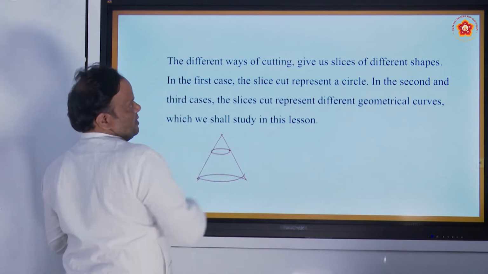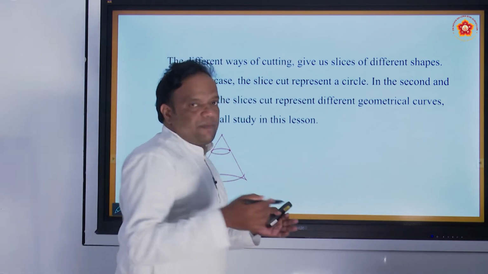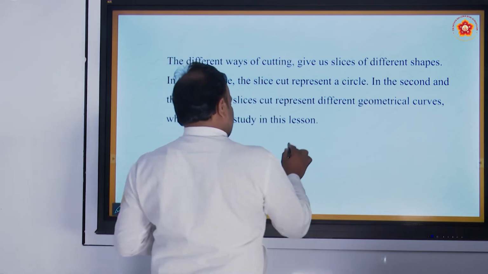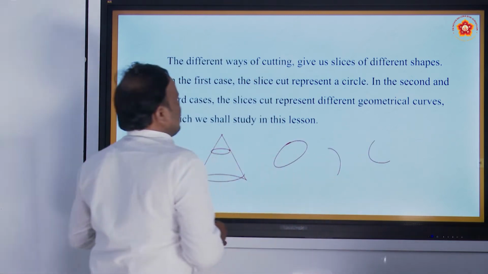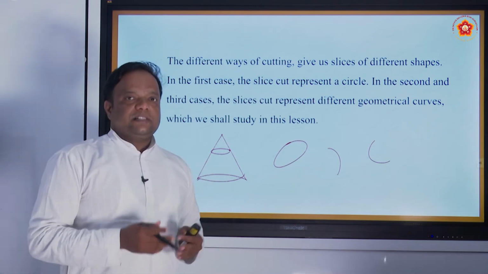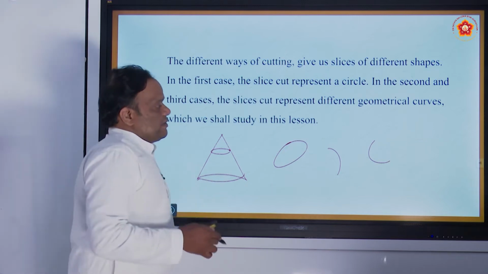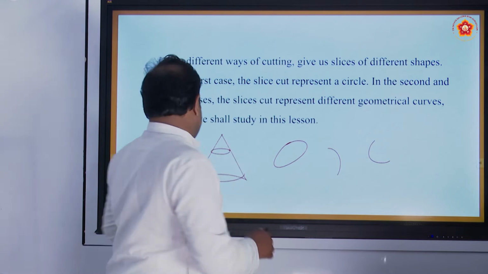This gives the circle. In the second and third cases, the slices cut represent different geometrical curves, like these curves, which we shall study in this lesson. We have already studied the circle.